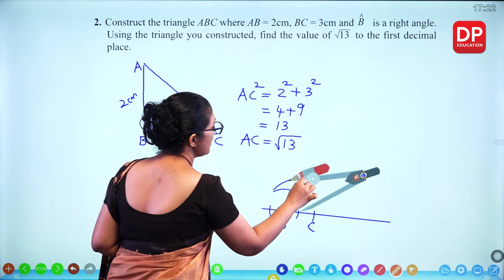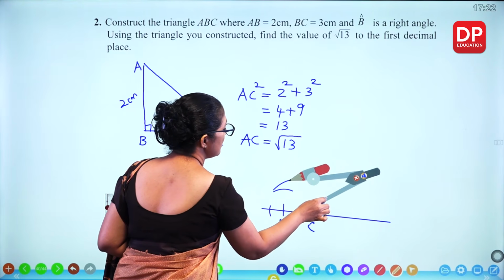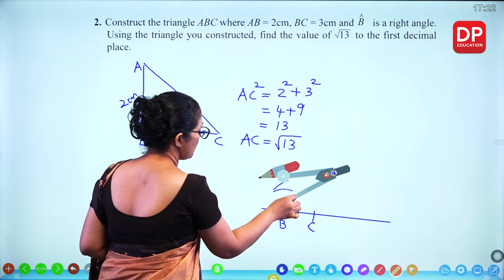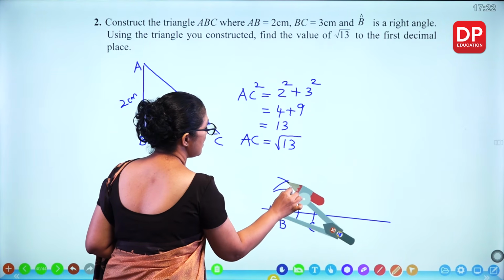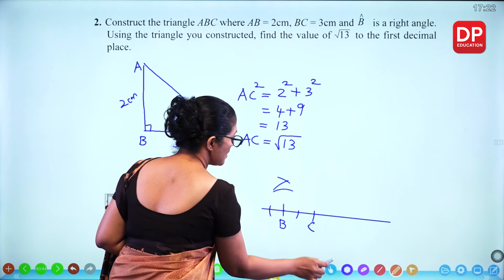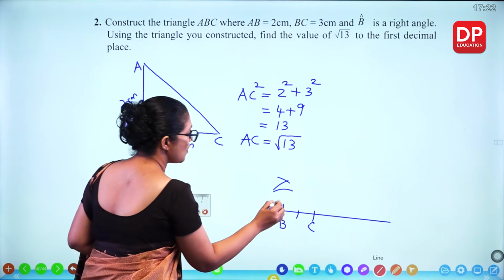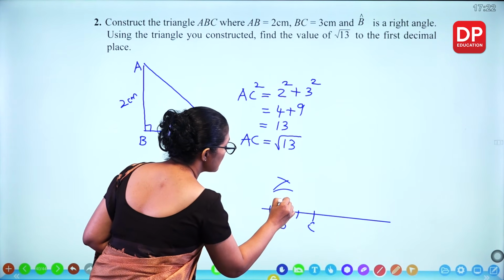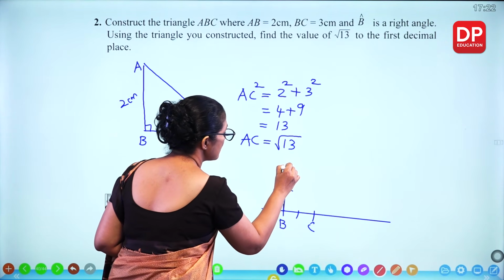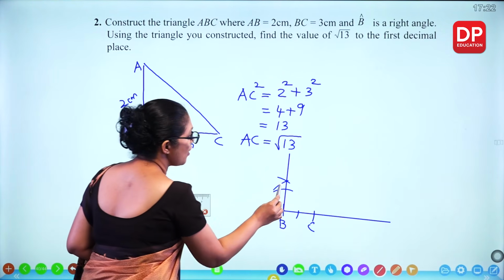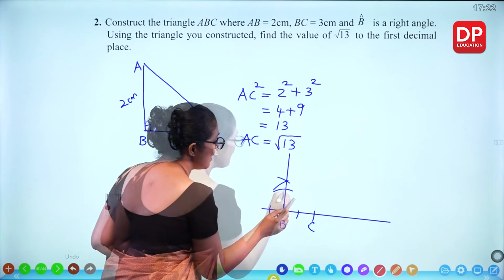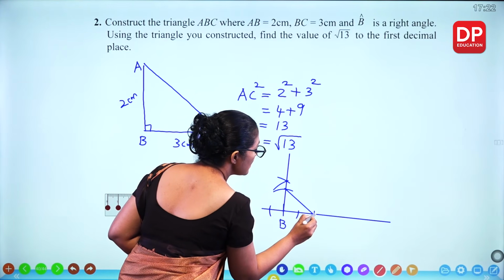Draw an arc here and keep on top of this point and draw the other arc. So the intersecting point and this one we can connect. And here this point is 2 centimeter away. This and this you get AC.